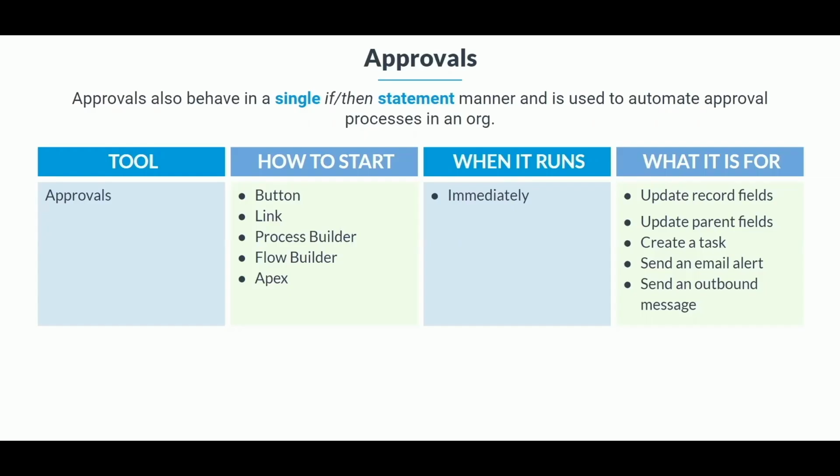But while workflows are automatically triggered by a record change, approval processes could be triggered directly by the user clicking a button or by another process initiating the approval process. Also, one important note about approval processes is that they do not have a time delay option. Approvals only run immediately. Other workflow options have time delayed capability.